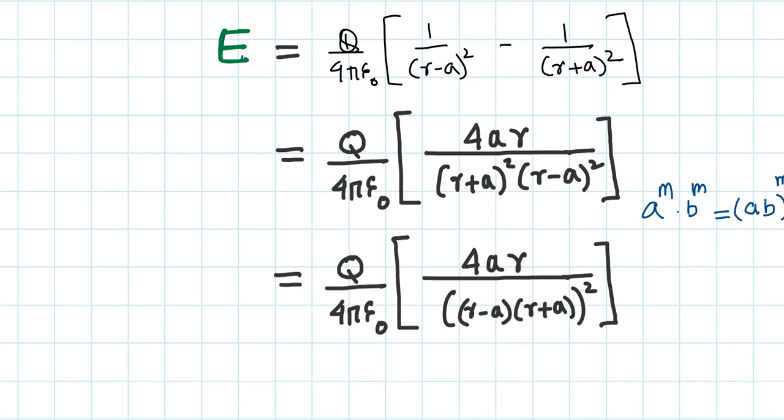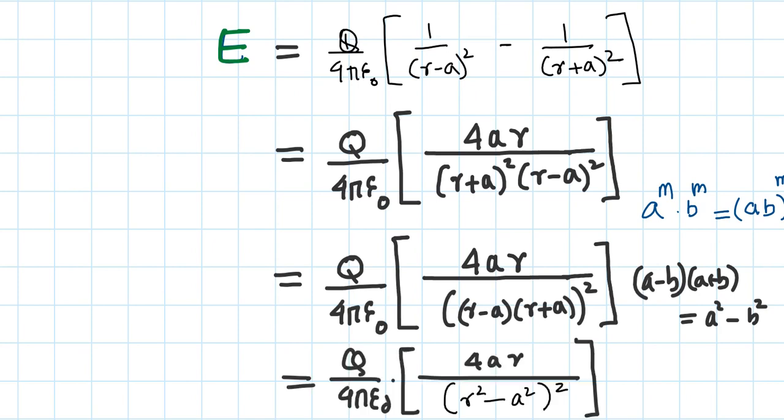So the terms involved in the bracket look like (A minus B) into (A plus B), which was equal to A square minus B square. So in that sense, the term in the denominator can be simplified into (R square minus A square) the whole square.